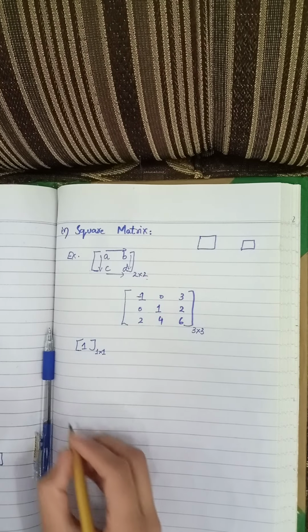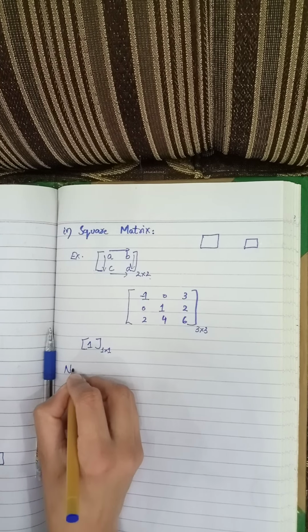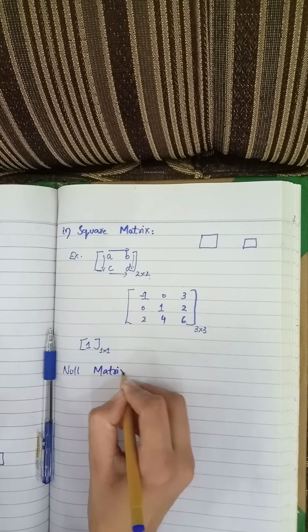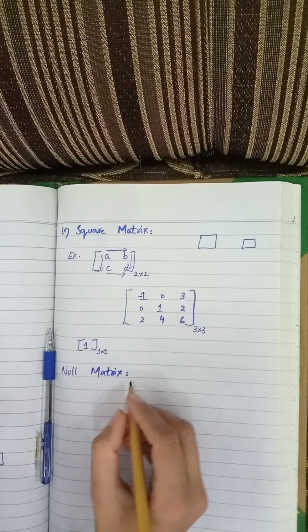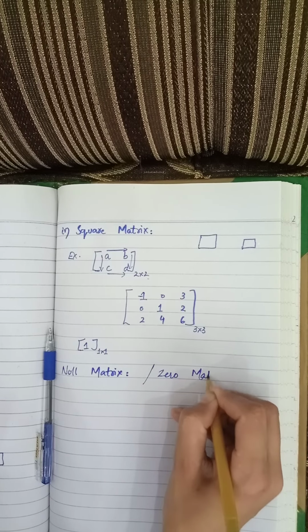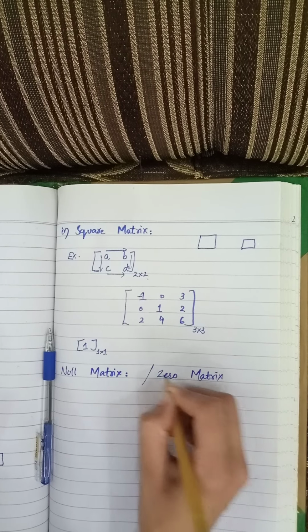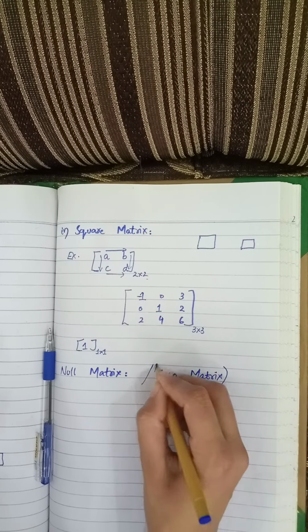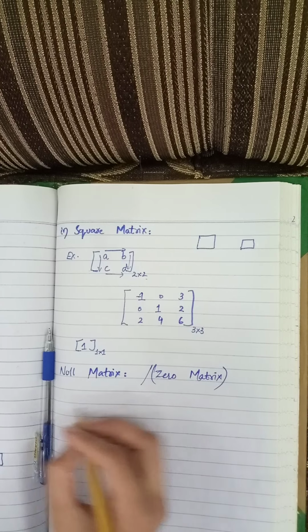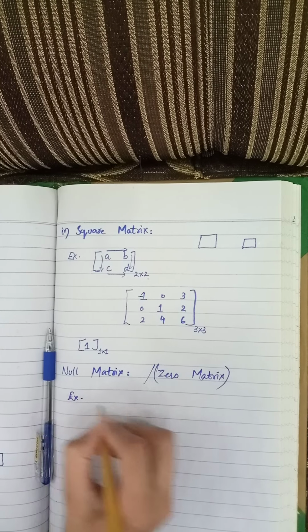Now we will discuss the null matrix. Null matrix is also called zero matrix. It's a matrix which has all of its entries 0.